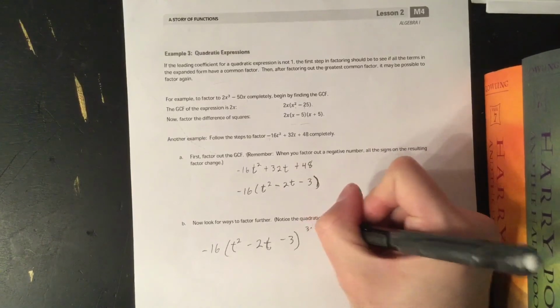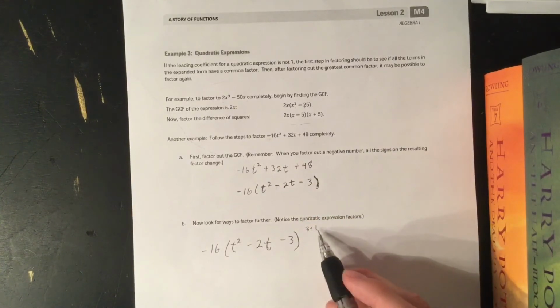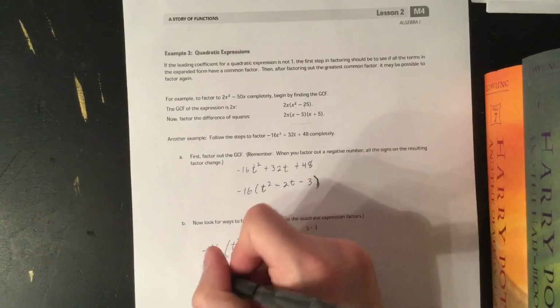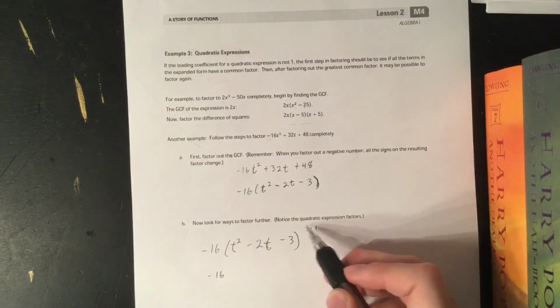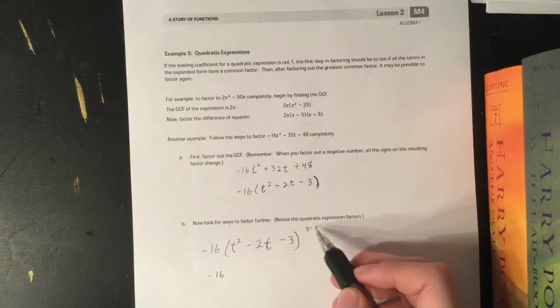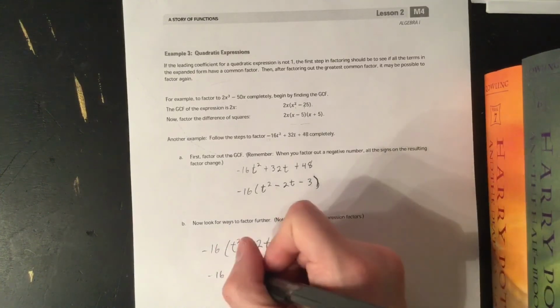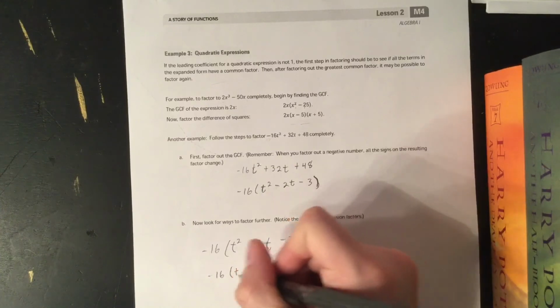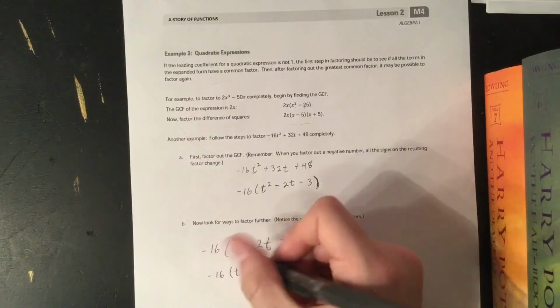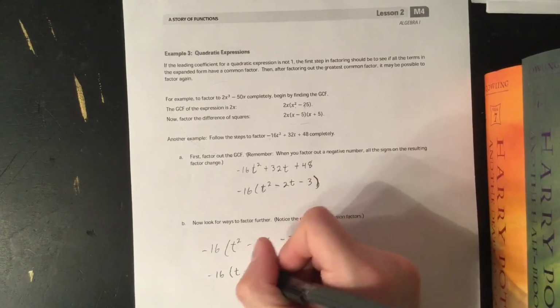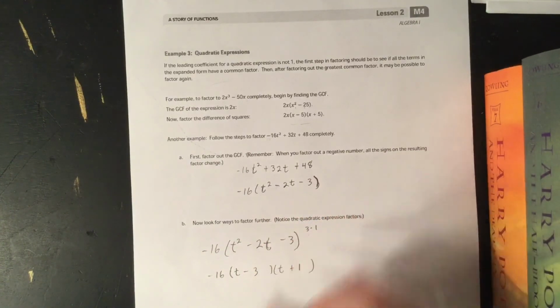So 3 can be broken down as 3 times 1. We're going to have to make the 3 negative and the 1 positive so that we can get a negative 2. So then it'd be t, we'll put a minus 3 here, plus 1.